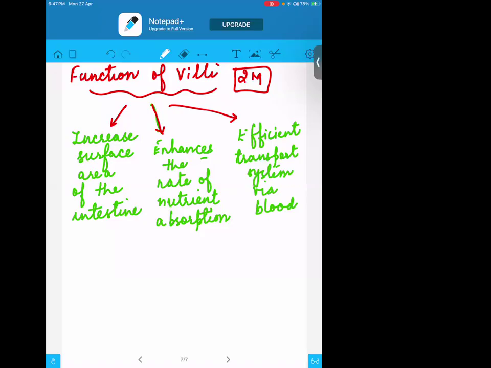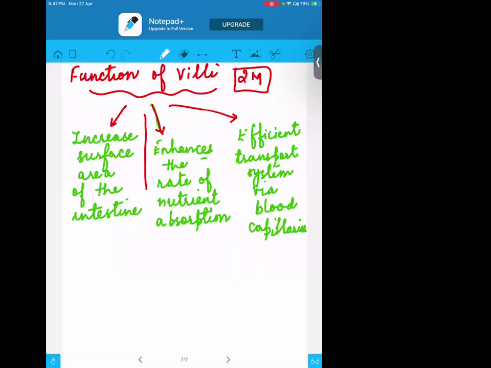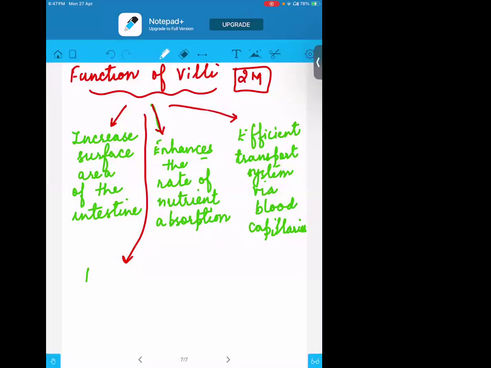Since they have the capillaries and arteries, the transportation of gases and substances becomes easy. And the fourth one is that they help in maintaining nutrient balance in the body.